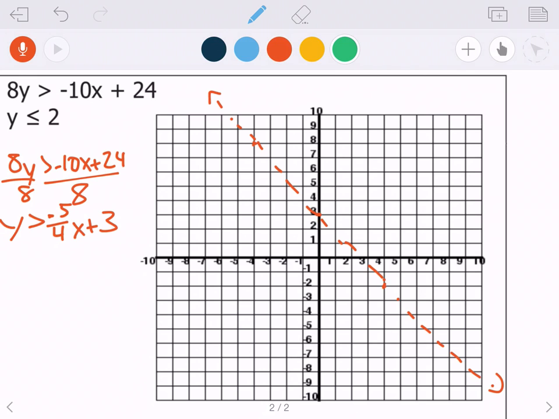So when I plug in 0, 0, I'm going to get 0 is greater than 3. 0 is not greater than 3, so 0, 0 is not a solution, so I'm going to shade above that line.